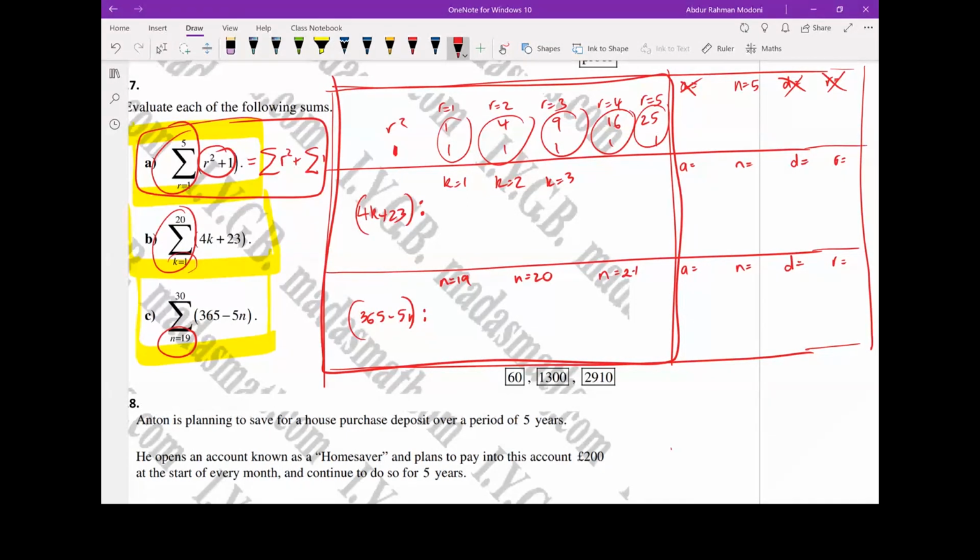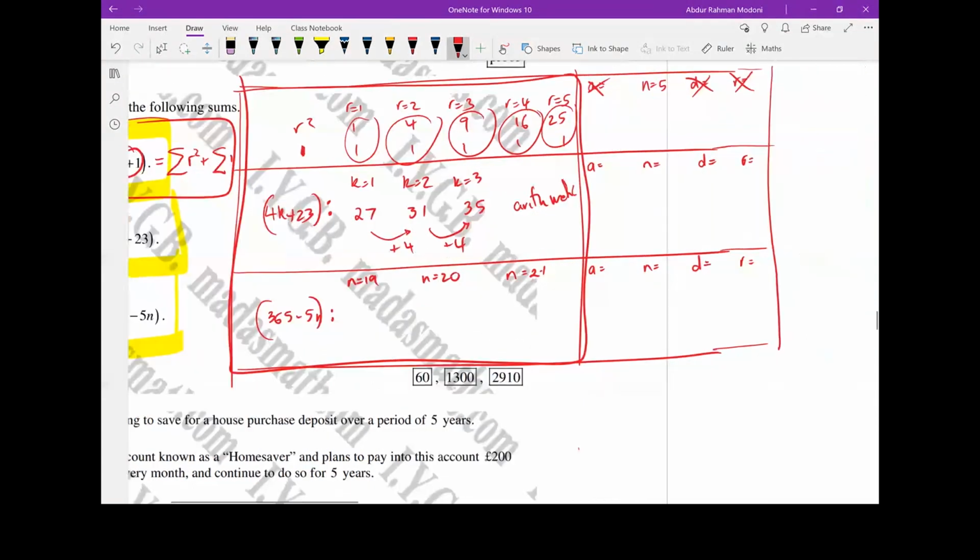And if you did work this out, you'd work out 27 and then 31 and then 35, and you get the idea. This is actually going up by +4 each time. So this is an arithmetic, so I can write down here arithmetic.